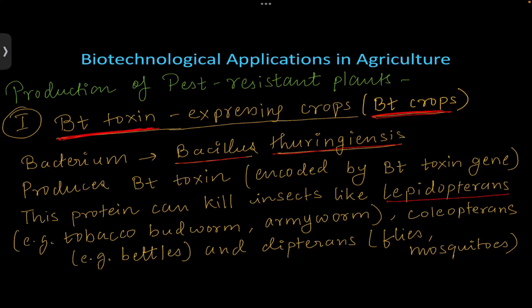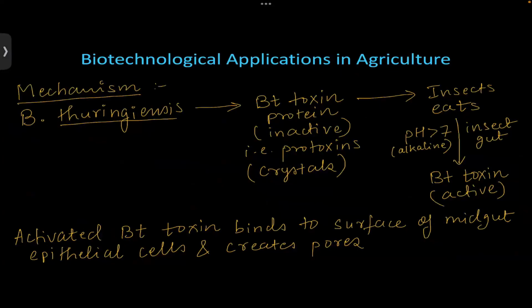So how is this knowledge actually helping us to make better crops? Just understand first how this toxin works, and then we'll see how the gene for this toxin is helping us to create better crops. So this bacterium, Bacillus thuringiensis, produces the toxin, Bt toxin, but this toxin is produced in its inactive state, which is also called protoxin, which is why this particular toxin protein doesn't affect the bacteria itself.